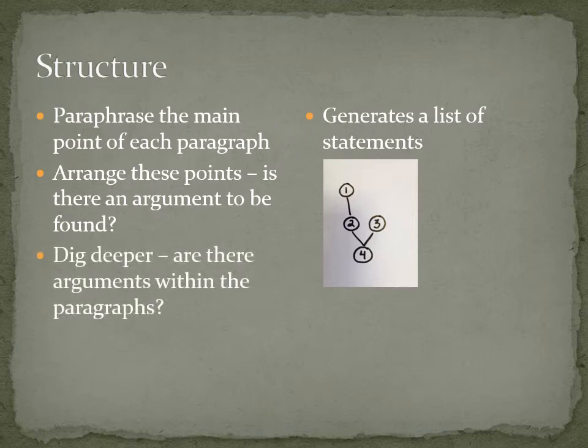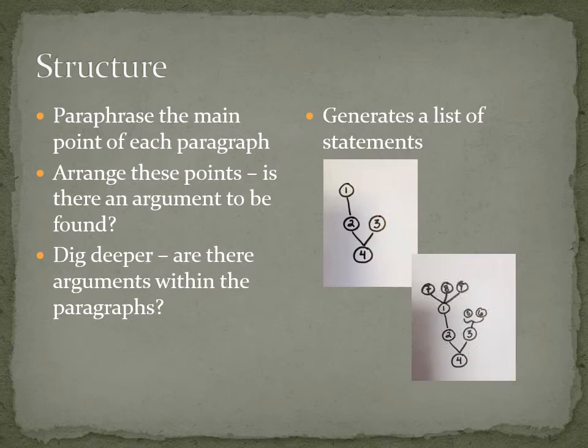Sometimes, however, you will find one paragraph that you realize there's a lot going on here, and there may be sub-arguments within that paragraph. When you do that, just dig a little deeper into that one paragraph and unpack it. Now, if you look at this second diagram, you will see that the structure of 1 to 2 and then 2 and 3 together leading to 4 is exactly the same.